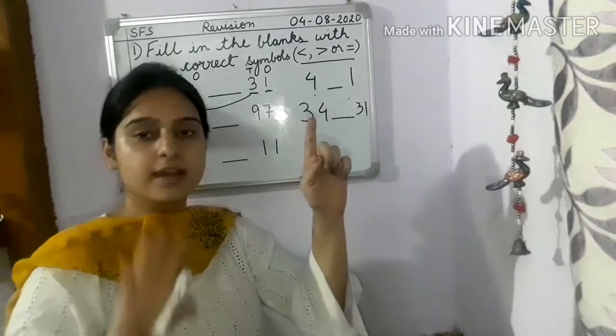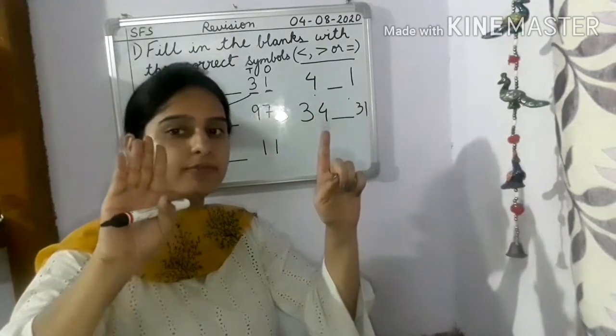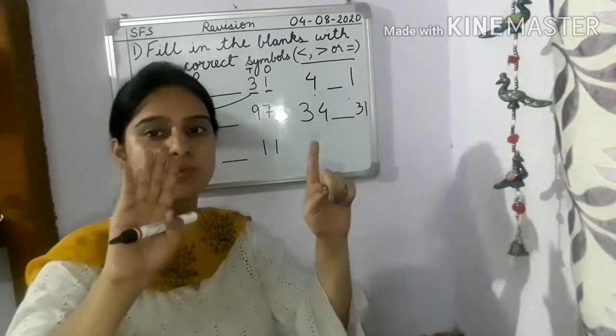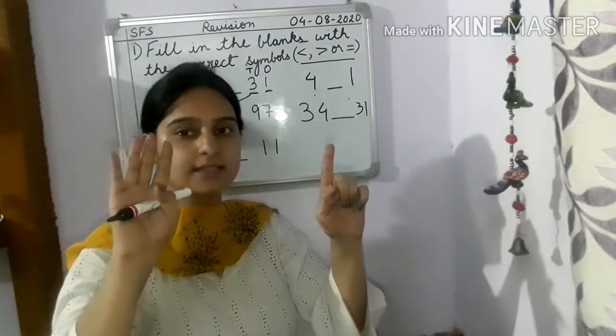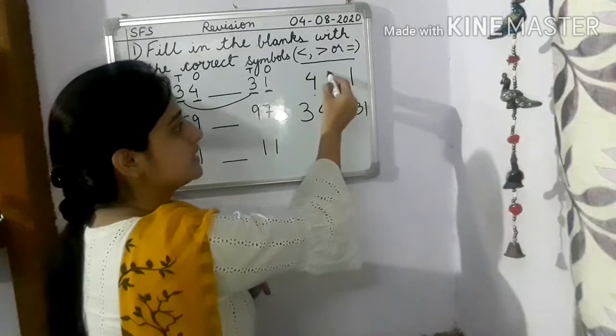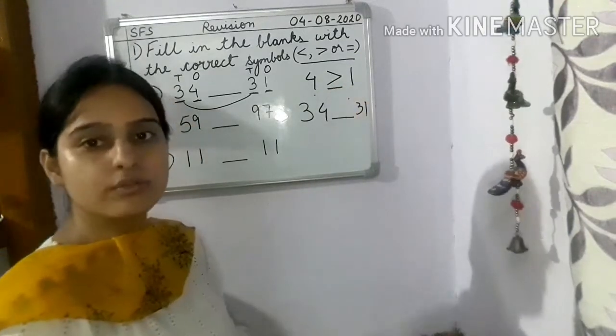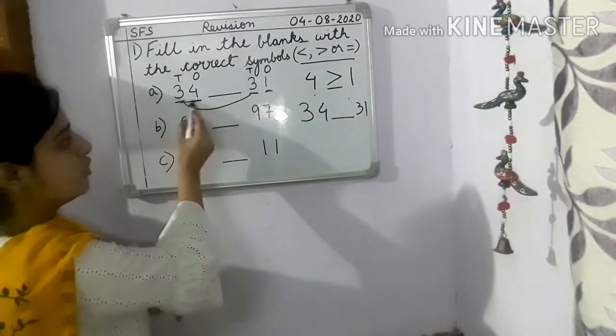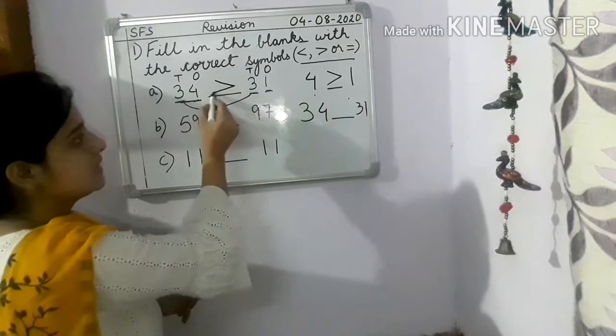There is one finger and there are 4 fingers. Which hand has more fingers? This hand, isn't it? So children, greater than sign comes towards 4. That means 34 is bigger than 31.